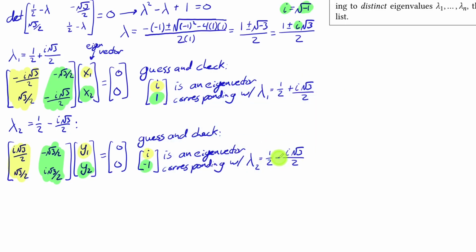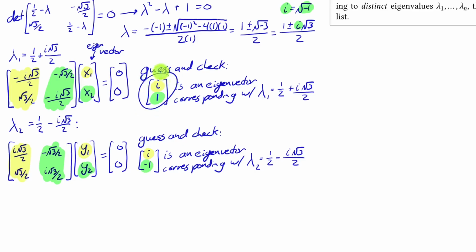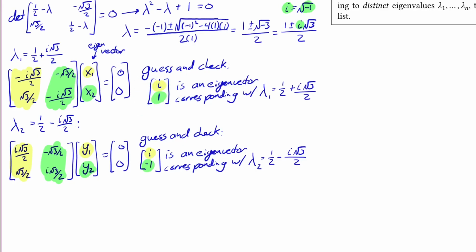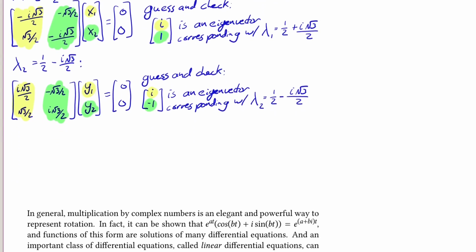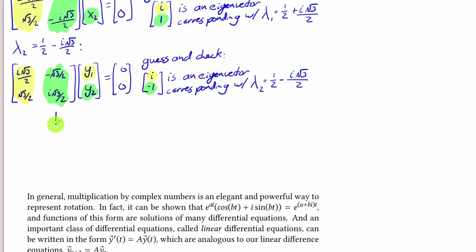Now, this doesn't make sense if you just try to think of it as a 60-degree rotation in R2, because these vectors are not in R2. They are in C2, where C is the set of complex numbers. And just looking at C1 is in a sense like a two-dimensional thing.